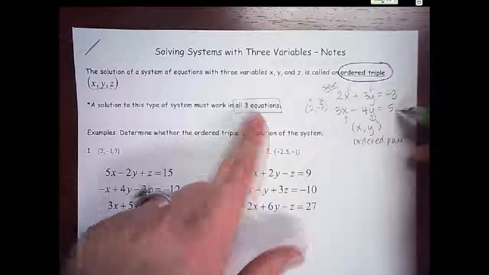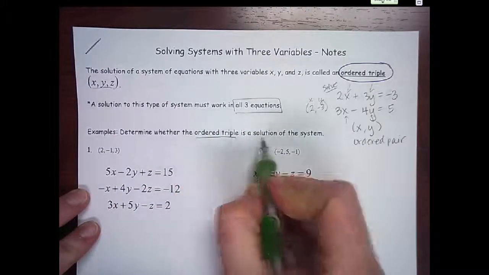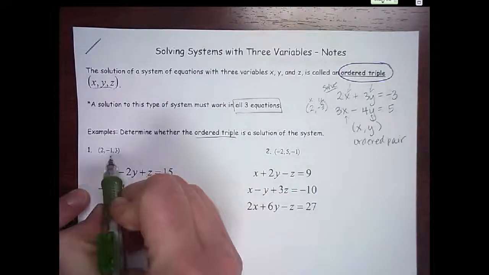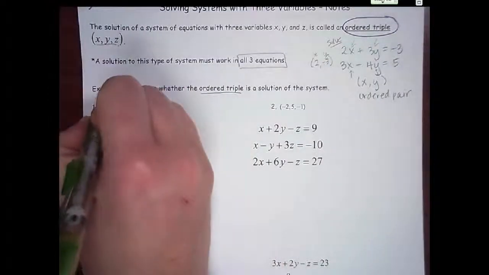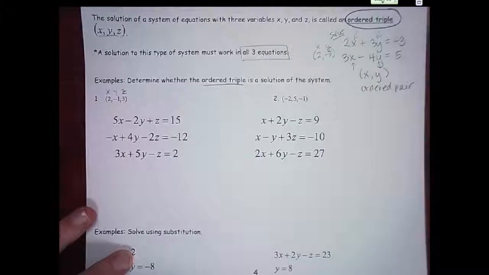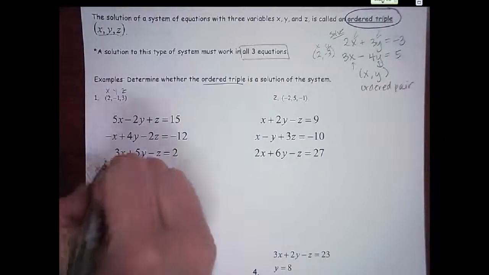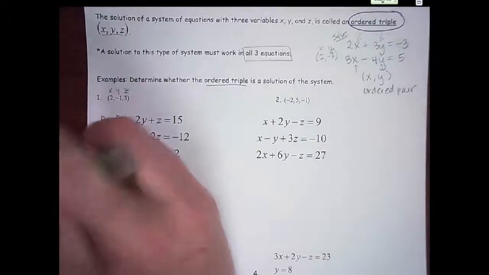Plug in the x, plug in the y, see if it works. Same thing here. This says determine whether the ordered triple is a solution. So is this a solution or not? And we need to show our work. Remember this is x, y, and z. So I'm going to plug in the information. First equation. I'm going to label this A, B, C because there's a lot of equations here.